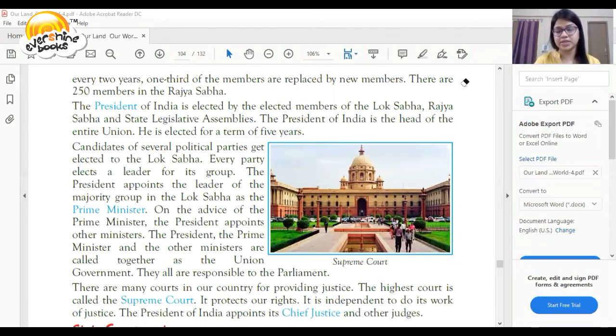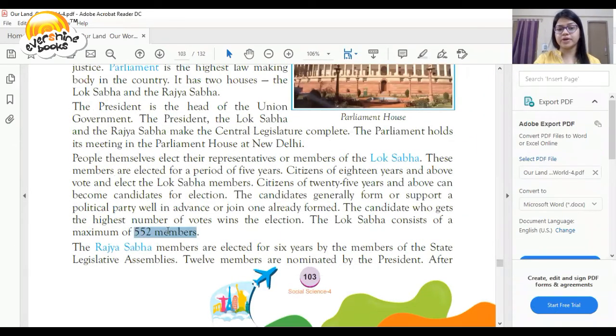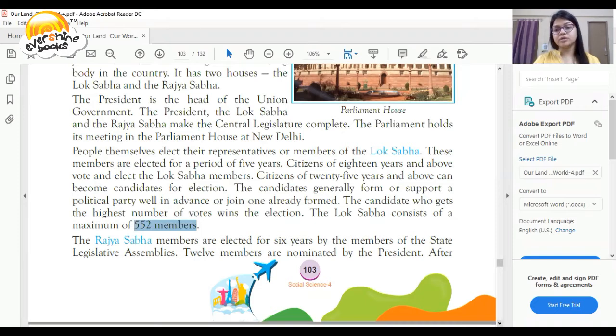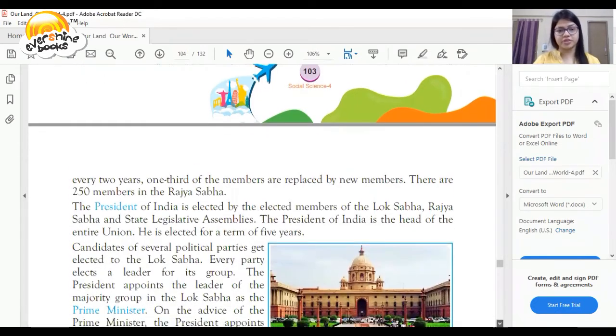So the answer is there are 250 members in the Rajya Sabha. And how many members are in the Lok Sabha? 552 members are in Lok Sabha, as I have already highlighted. 552 members in Lok Sabha and 250 members in Rajya Sabha.